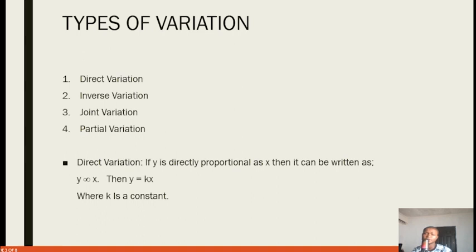So the first one that we are going to check is direct variation. If y is directly proportional to x, then we can actually represent it with this. The sign is sometimes written as: x varies as y, or we say y varies as x.